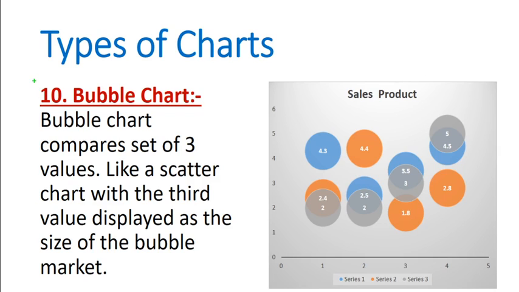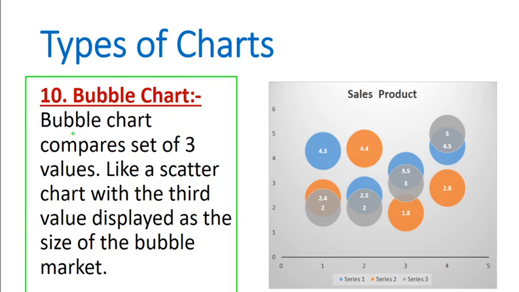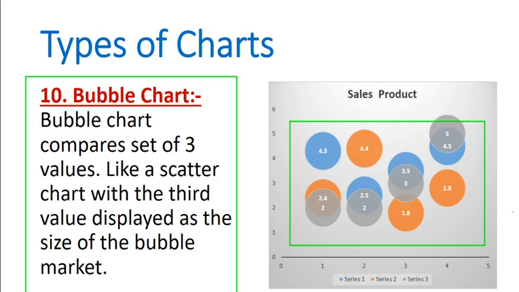A bubble chart compares sets of 3 values like a scatter chart, with the third value displayed as the size of the bubble marker. Here is an example of a bubble chart.